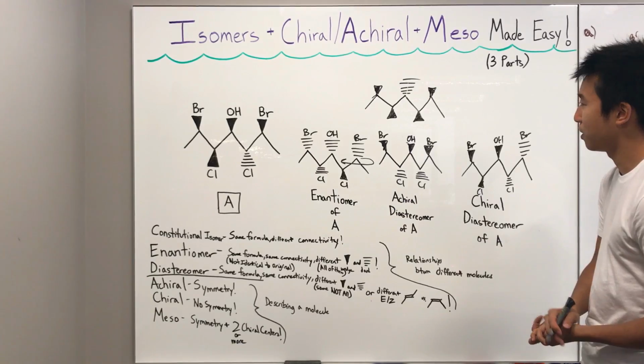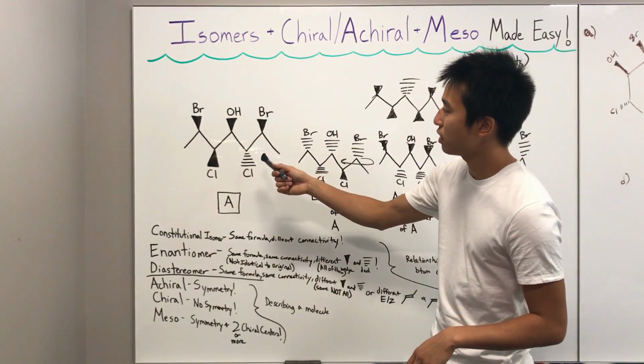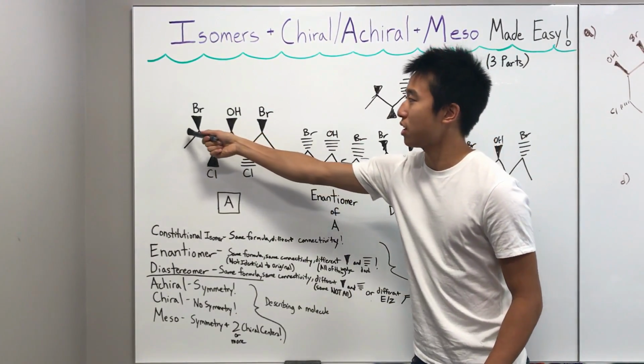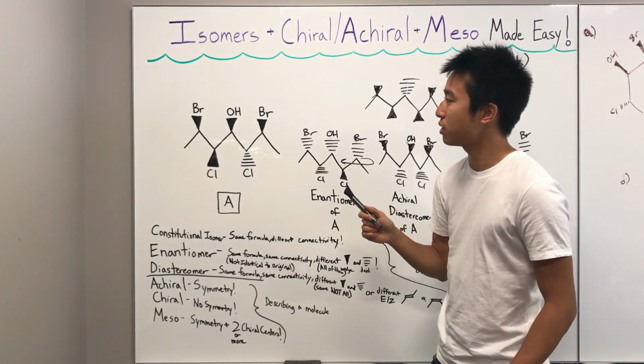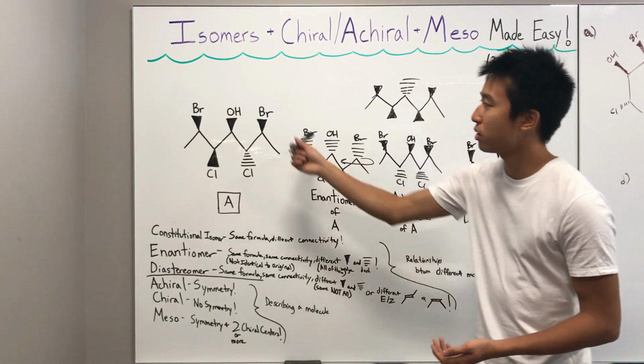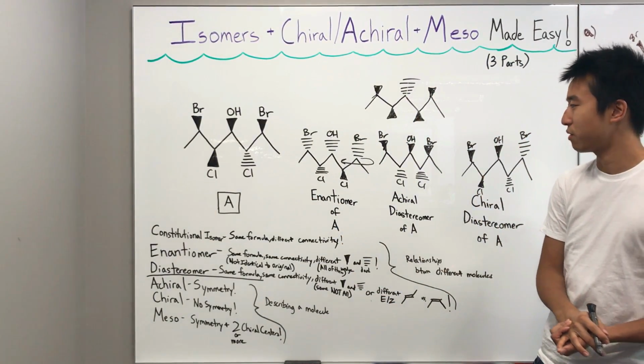There's quite a few combos you could do. You could have flipped just that into a dash. You could have flipped this into a dash and that into a dash. That would have also been chiral, no symmetry. Or you could have flipped all 3 of these into dashes, and that would also be chiral diastereomers of A.